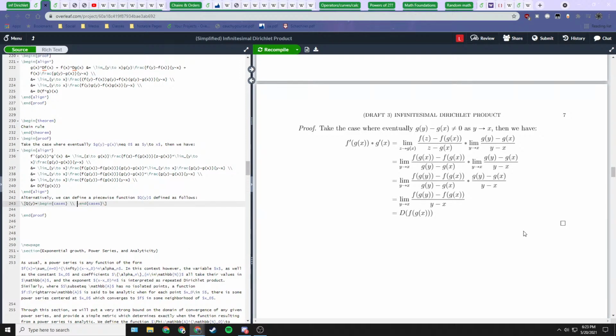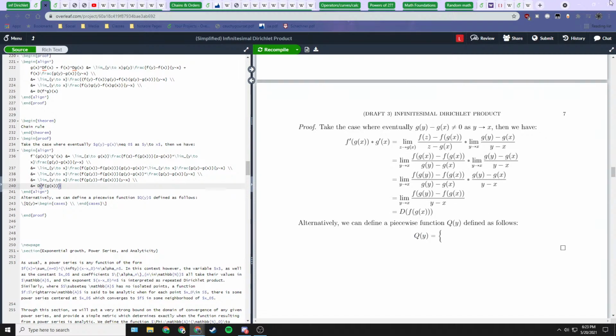In the first case, we want it to just be equal to this difference quotient. So how can we do that? What we want is for q of y to always be equal to this difference quotient.